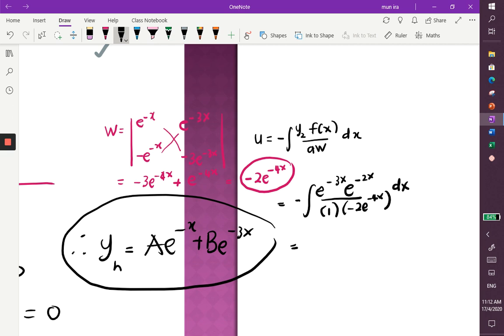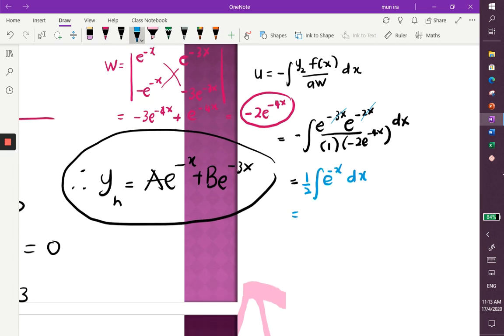Okay, we try to simplify. Negative negative is positive. One over 2, so you have 1 over 2 outside; I just take out the half outside from your integrand. So simplify: e negative 3 times e negative 2 is e negative 5. Minus minus 4 is plus 4. So you have e^x dx. e negative 5 plus 4, so you have e negative x.